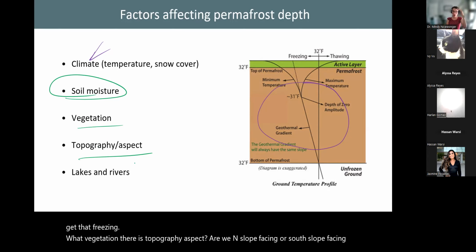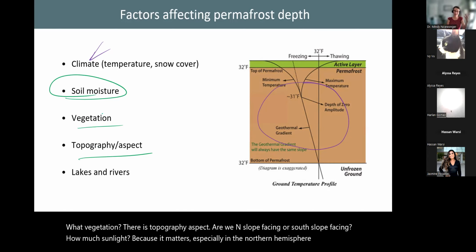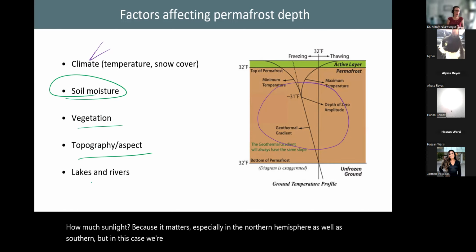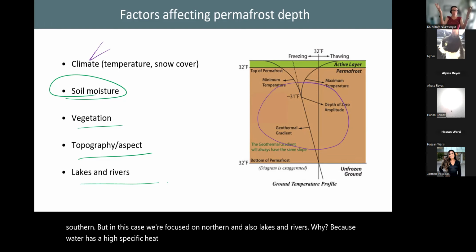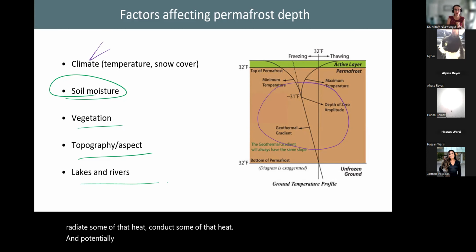How much sunlight, because it matters, especially in the northern hemisphere, as well as southern, but in this case, we're focused on northern. And also lakes and rivers. Why? Because water has a high specific heat. And so that high specific heat of a lake will radiate some of that heat, conduct some of that heat, and potentially keep the soil from freezing.